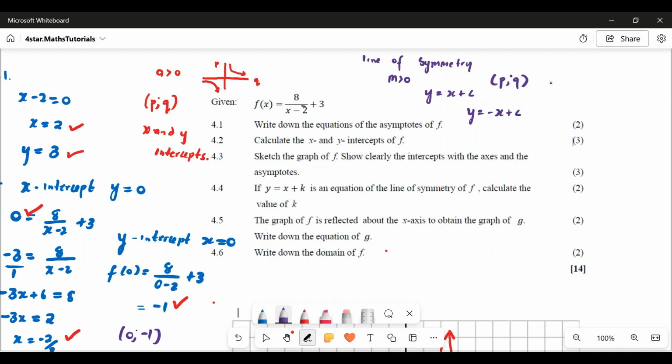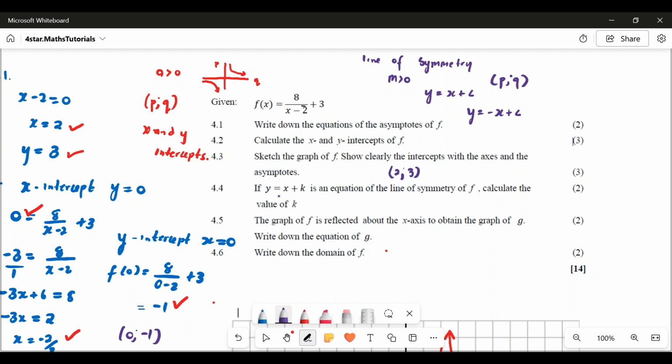So I can also use that method, but we are told that the equation of this line is y is equals to x plus k. Then I can use the coordinates. Remember, the equation of the axis of symmetry must pass through the asymptotes. So the x asymptote is 2, the y asymptote is 3.